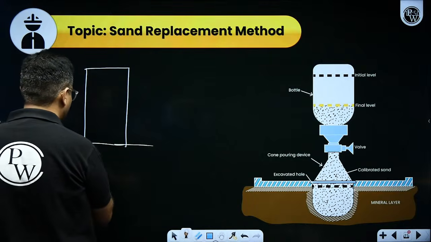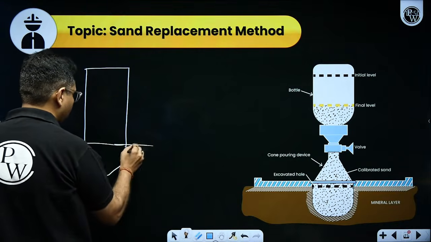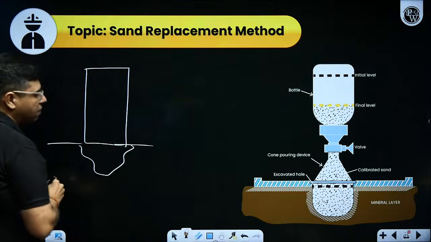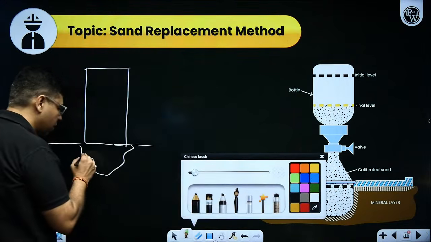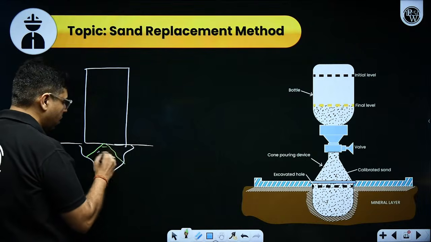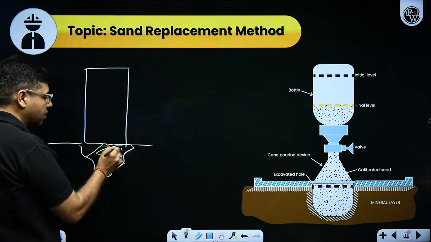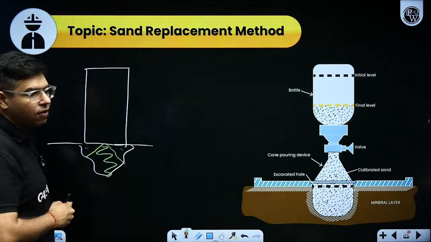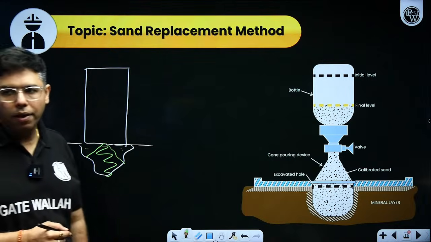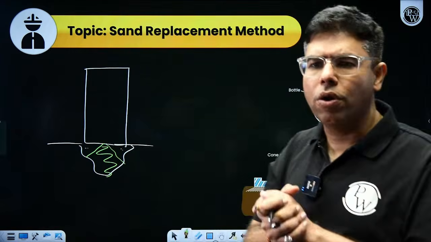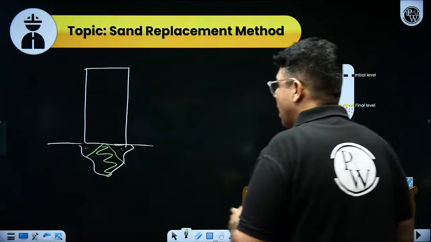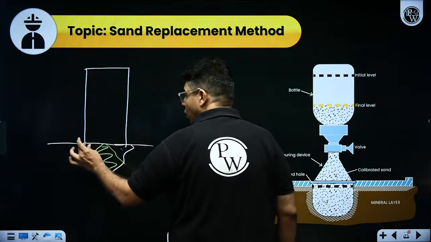If you had taken a plane cylinder only, when the sand gets poured, it will take the shape of a cone, and some volume might not be filled with sand. There will be error in the experiment because some volume will not be filled.